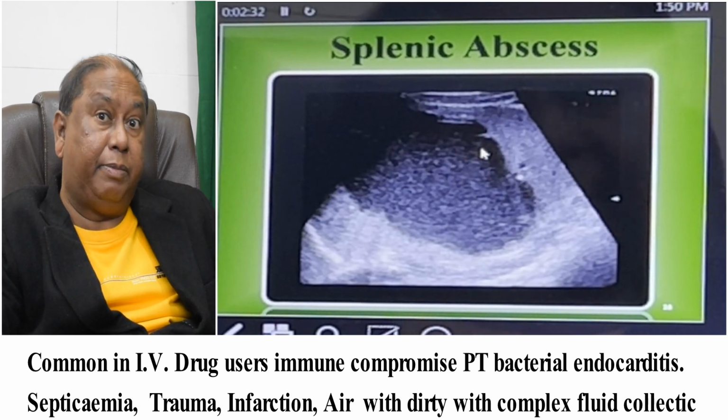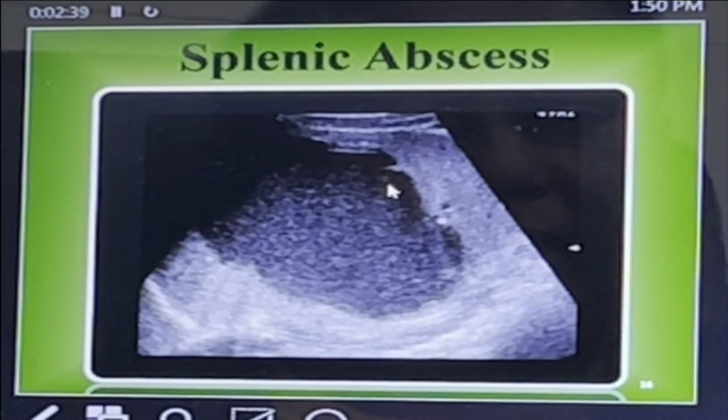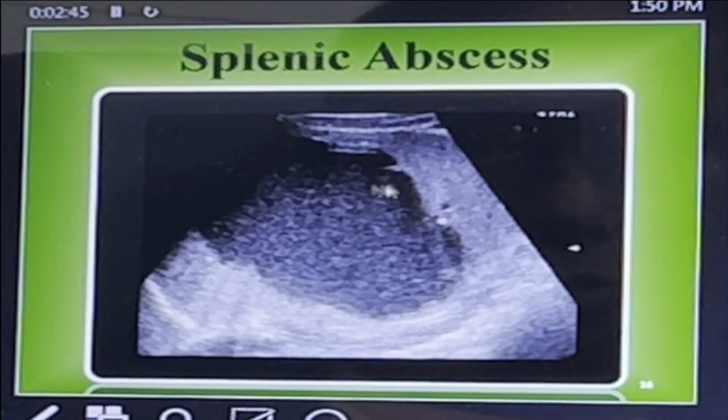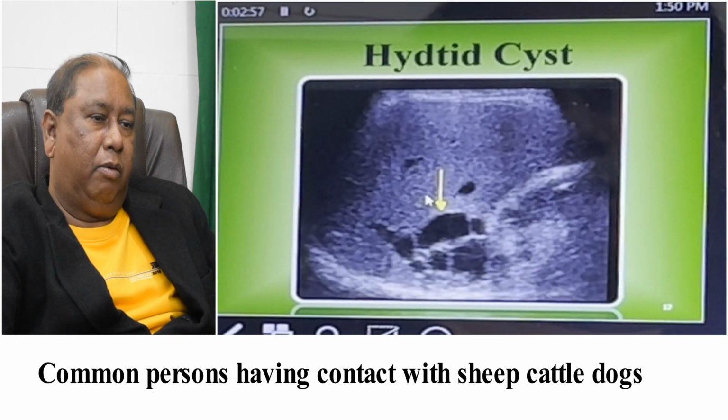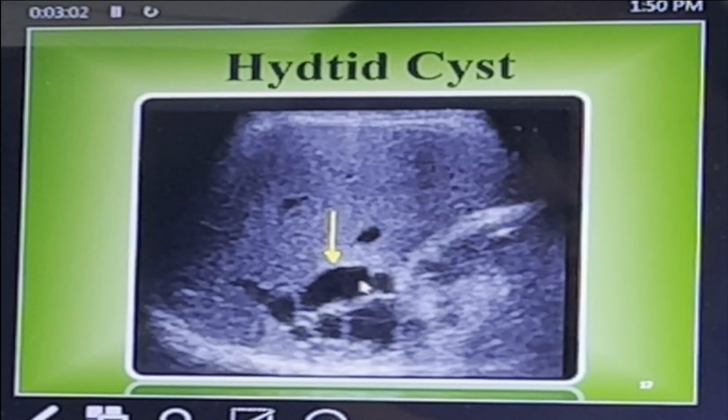It may occur in septicemia, trauma, infarction. Air with dirty and complex fluid would be there. This is splenic abscess. What do you see in this picture? Hypoechoic area.